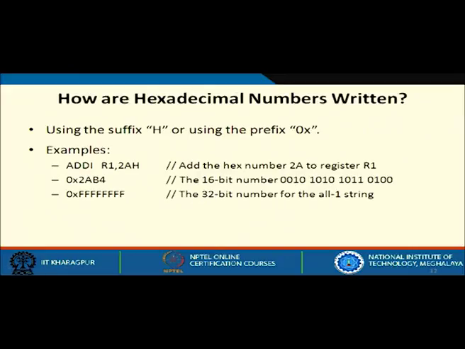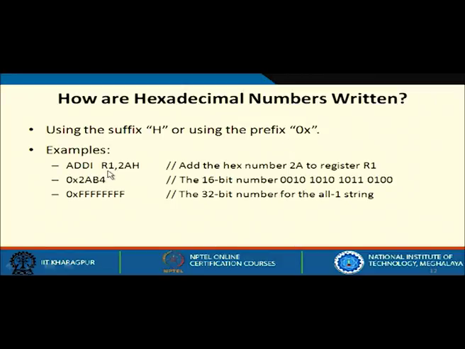So, how are hexadecimal numbers written? Like we have to represent a number as hexadecimal, otherwise it will be difficult for the computer to understand. So, to do that, you can either add a suffix h or you can use the prefix 0x.